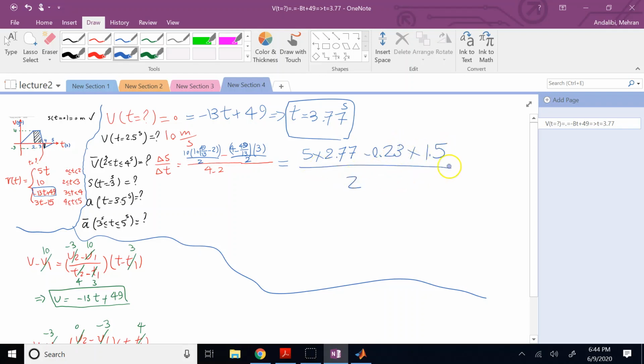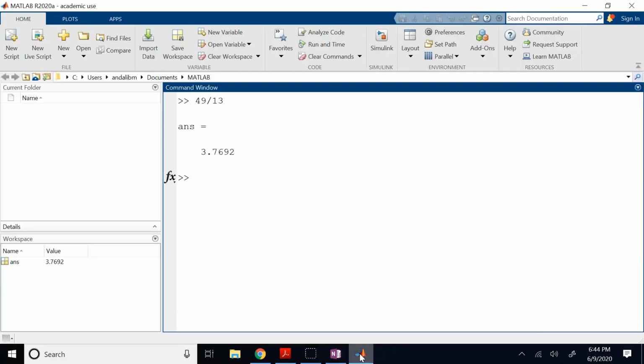Then the whole thing divided by 2, right? So 5 times 2.77 minus 0.23 times 1.5. Then the answer divided by 2, which is 6.75.